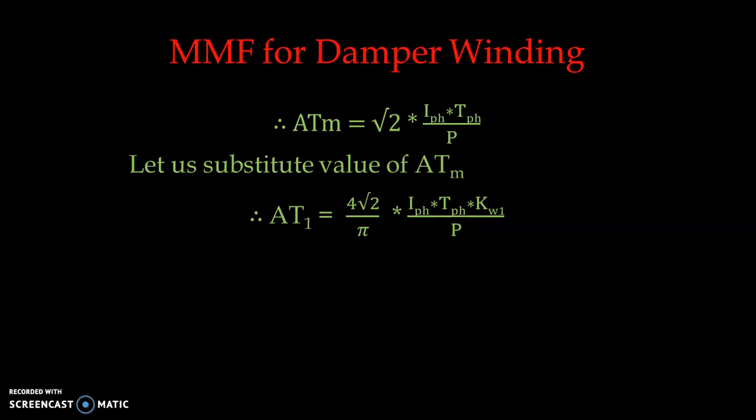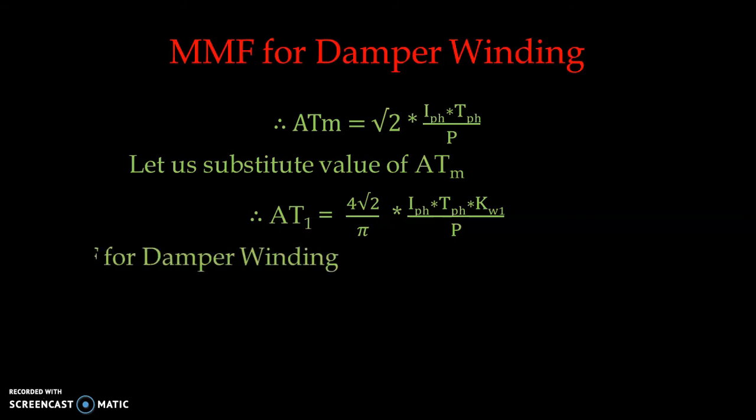So if we consider the magnetomotive force for the damper winding, then we have to take half of the magnitude, because this pulsating magnetomotive force can be resolved into two parts, and both parts have equal magnitude, that is half.